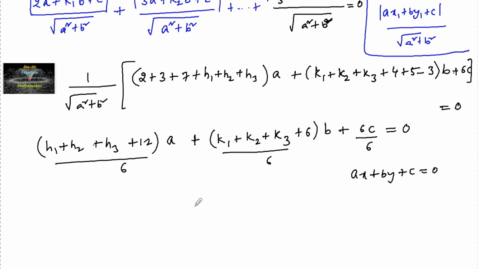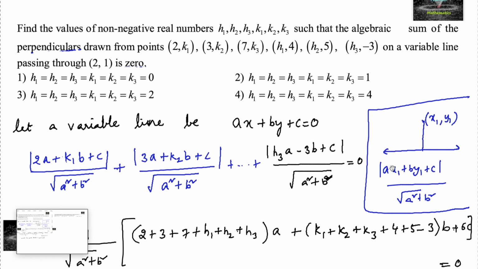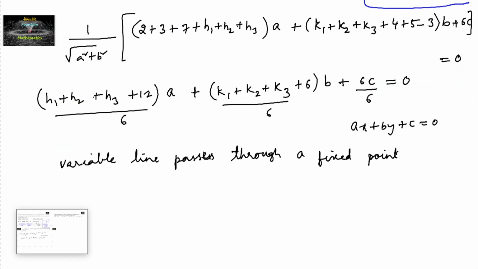And hence, since this variable line passes through a fixed point, the fixed point is (2, 1).